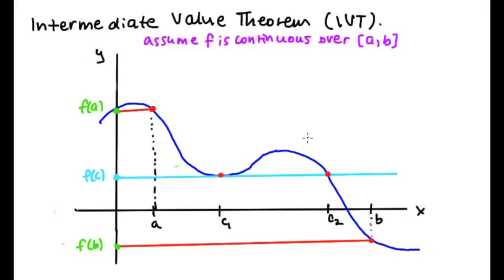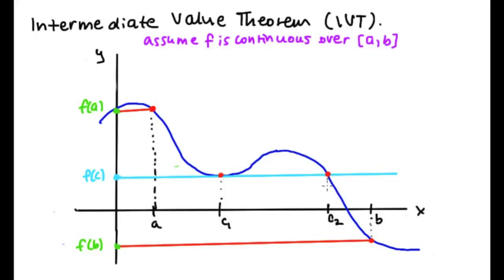And the intermediate value theorem states that C1 and C2 are always going to be between A and B. If f of C can be picked between f of A and f of B, the corresponding x-coordinates C1 and C2 can be picked between A and B. And that is basically visually what the intermediate value theorem is saying.